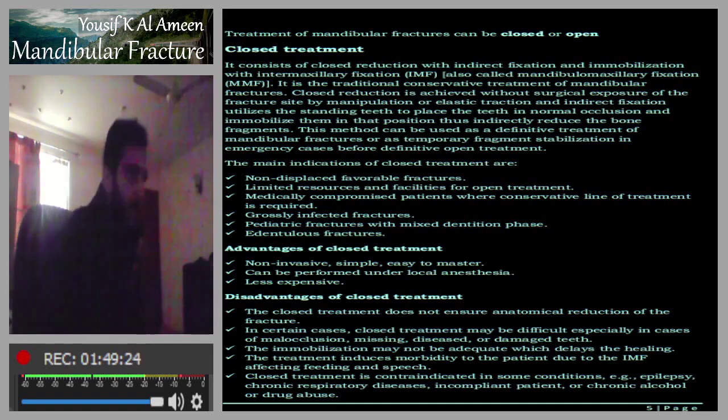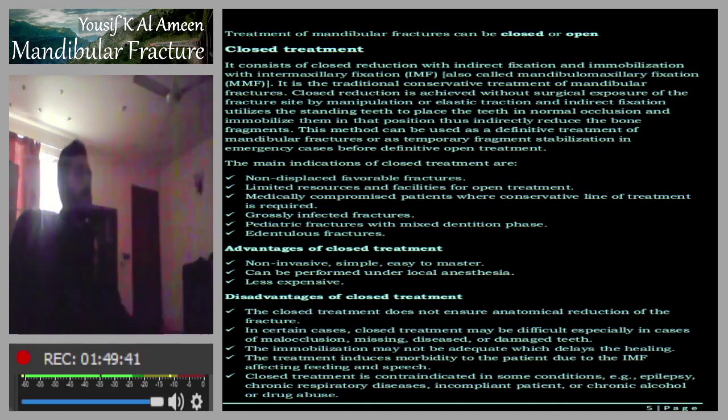In certain cases, closed treatment may be difficult, especially in cases of malocclusion, missing, diseased or damaged teeth.